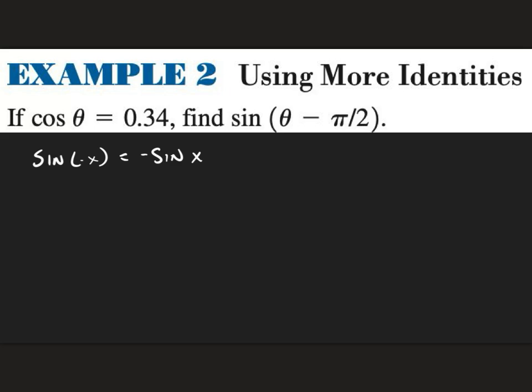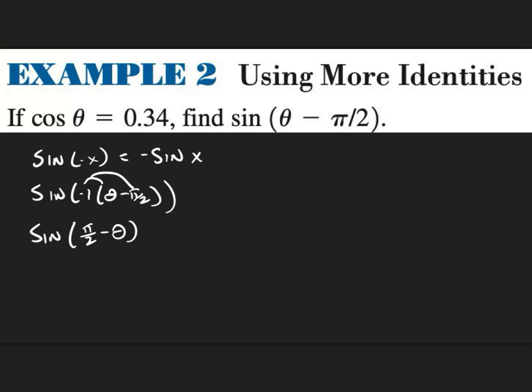So what I'm going to do is do sine of negative 1 times (theta minus pi over 2). And when I distribute the negative, that's going to give me sine of (pi over 2 minus theta).